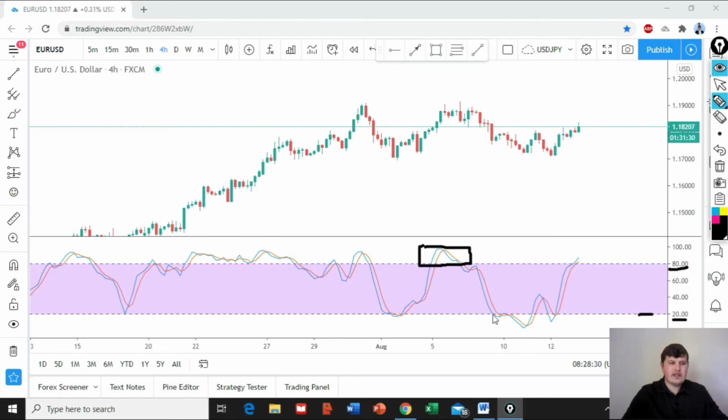Likewise, when the stochastic lines are below the 20 area of the stochastic chart pattern, then it can indicate oversold market conditions. And these overbought and oversold conditions usually can indicate a trend reversal for the market. So that concludes our stochastic indicator.